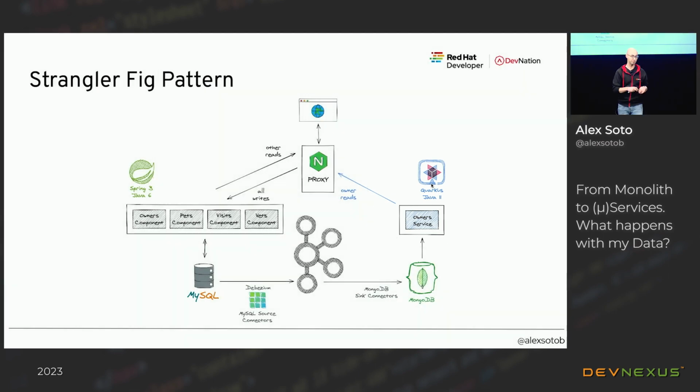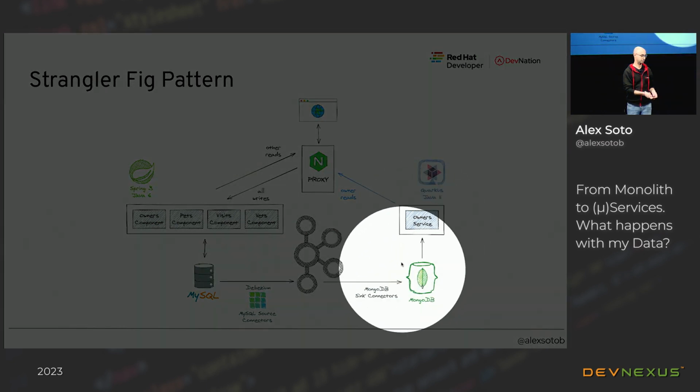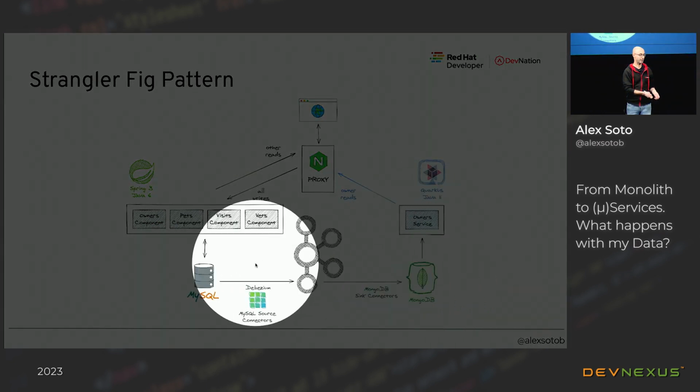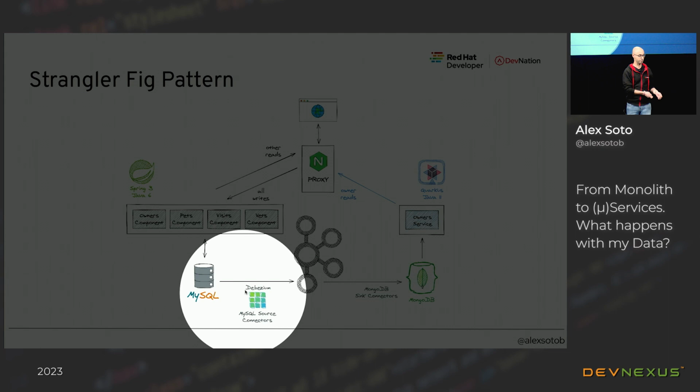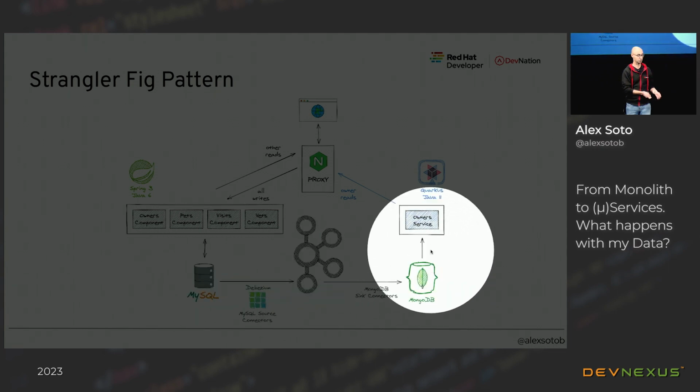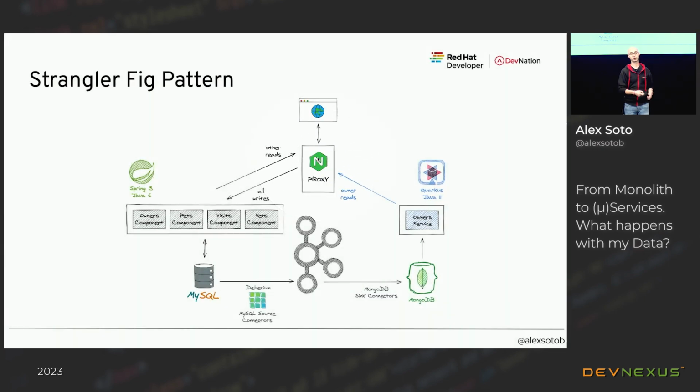So at this point, all the reads go through the Monolith except the owner's one, which goes to the new service, the service that we extracted. And since we are connected, the writes that happen on the owners are propagated to the MongoDB, so the reads are completely updated.